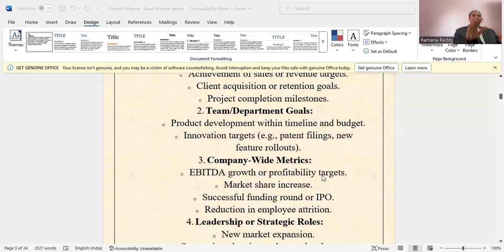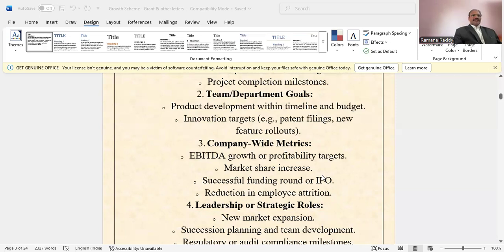Or we can say company-wide metrics like EBITDA growth or profitability targets, market share increase, successful funding round or IPO, completion of IPO, or reduction in employee attrition.